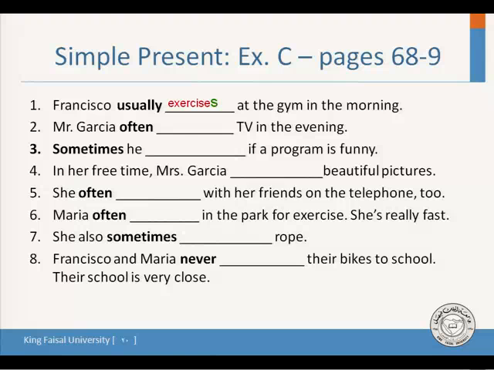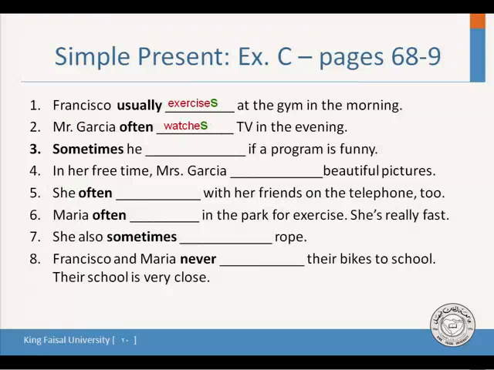Number 2, Mr. Garcia often watches TV in the evening. Often, not every day. Maybe 3 nights a week. Maybe Saturday, Sunday, and Monday. Often.